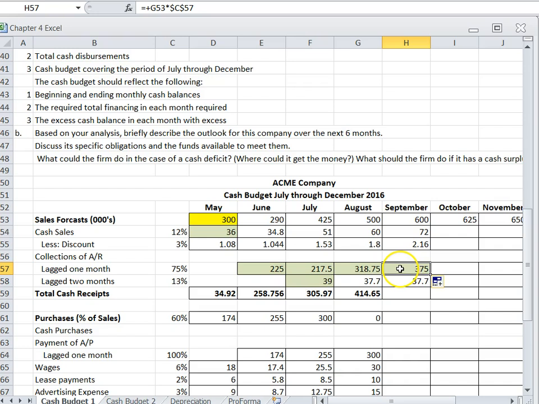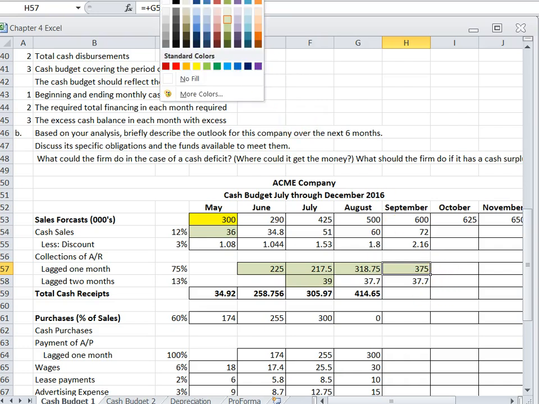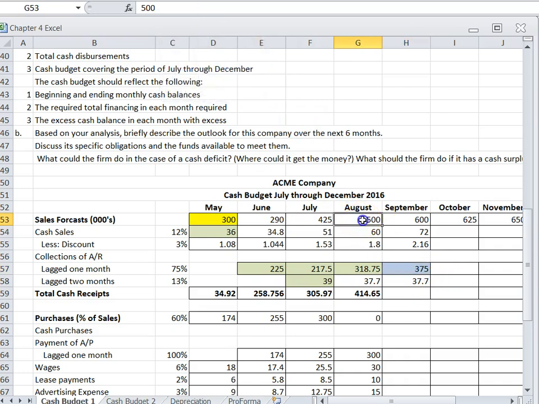So for September, where it's 75% of what number, you may ask. So let me change the color here, this blue. This is 75% of August. Now this is going to be, move this over.